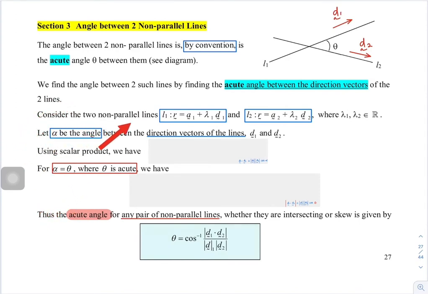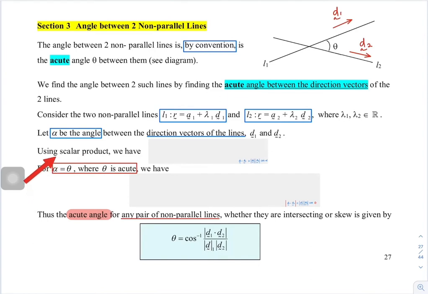Consider the two non-parallel lines L1 and L2. L1 has this vector equation and L2 has this vector equation, with their respective direction vectors as D1 and D2.